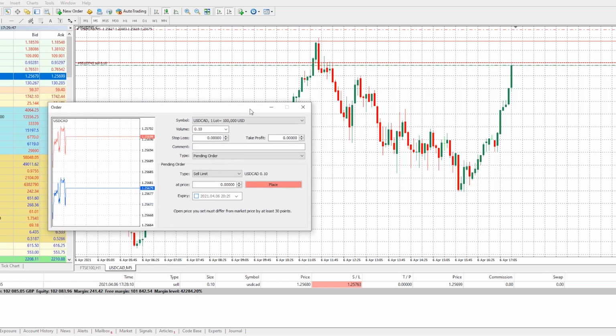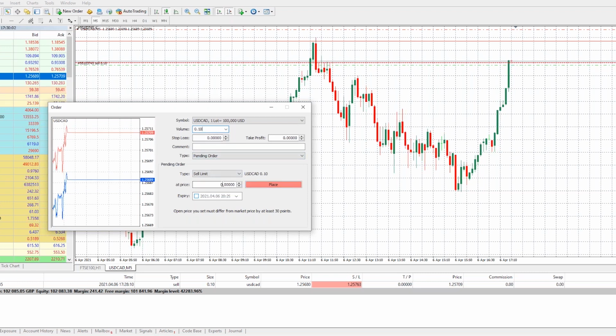And so if the first trade goes bad, right, then we can say, okay, I'll re-enter at a better price, maybe with the same trade size as the first one. And that price then would be 1.2574 maybe. Okay, 1.2574.